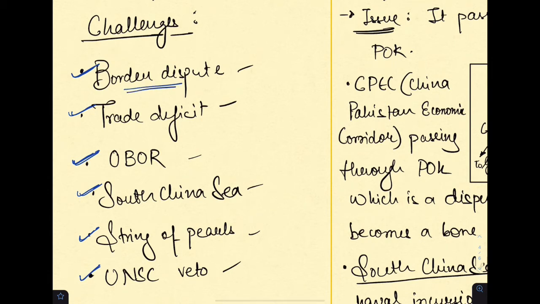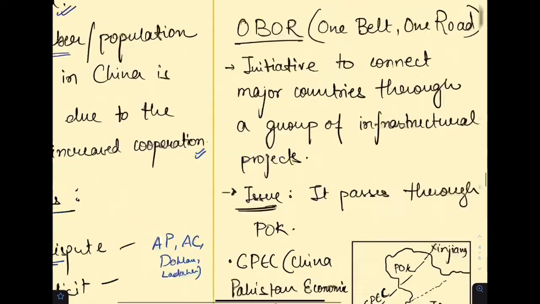First is your border dispute. The border dispute is mainly at Arunachal Pradesh, Aksai Chin. Then we have your recent happenings at Doklam, and the last one was Ladakh. We're going to look at them one by one.